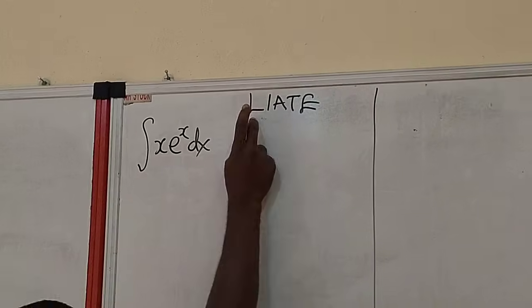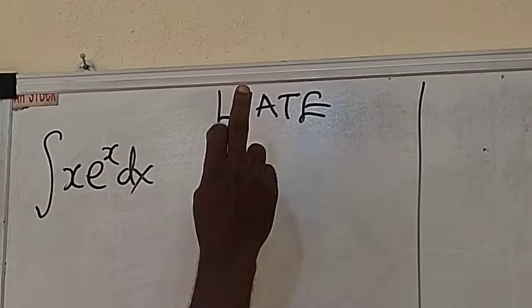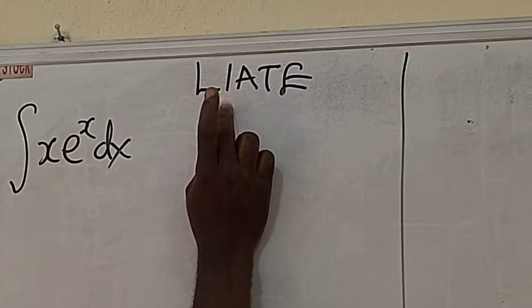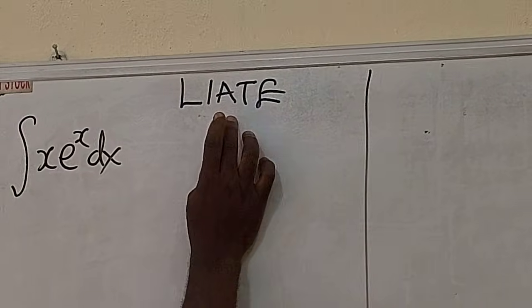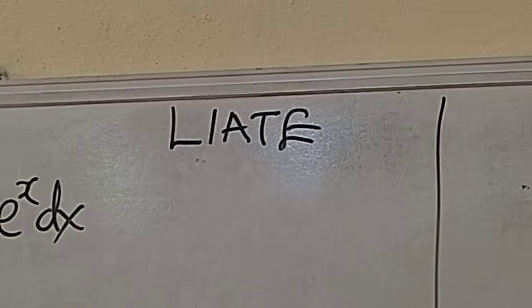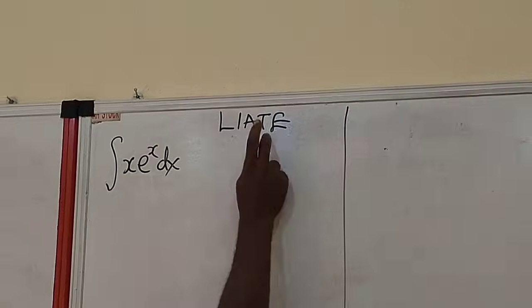The L there stands for logarithmic functions. The I is inverse trig functions. The A is algebraic... what's the T?